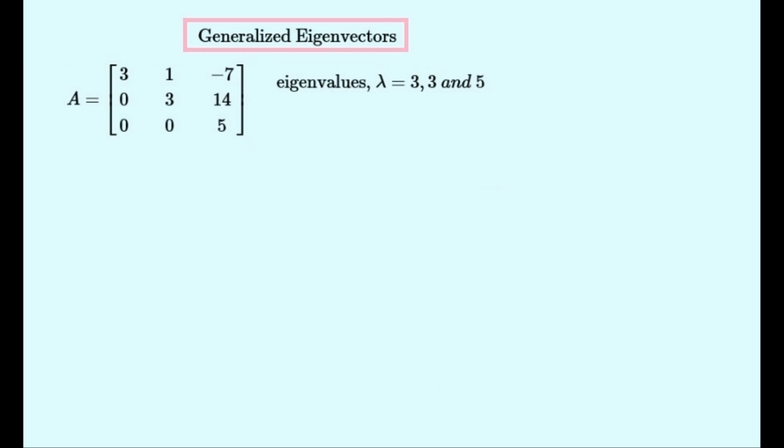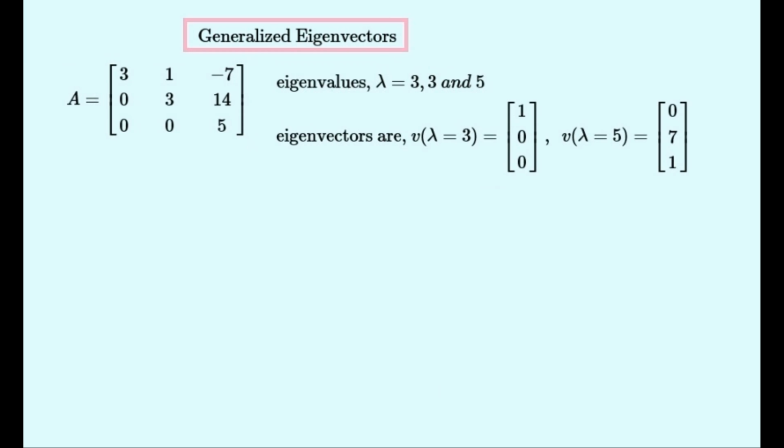One of these eigenvalues occurs twice, so there is a possibility that it doesn't have enough eigenvectors to diagonalize it. After finding the eigenvectors that correspond to these eigenvalues, we find that the eigenvalue that occurs twice has only one eigenvector. Now we have to find a generalized eigenvector for this eigenvalue.